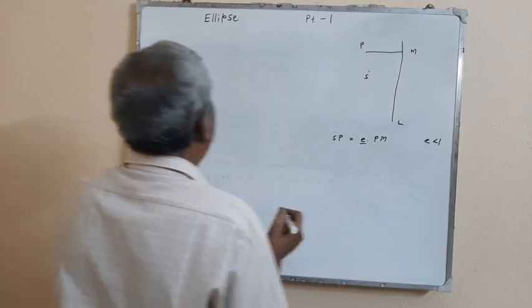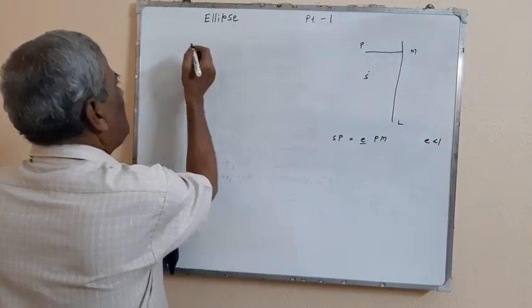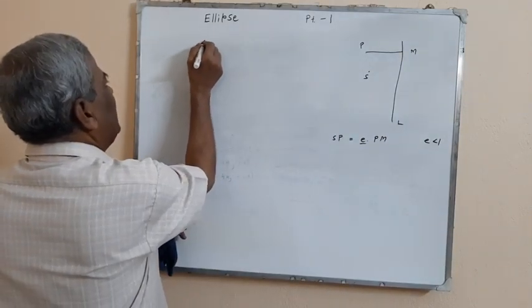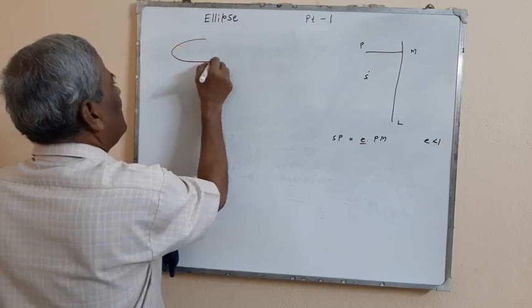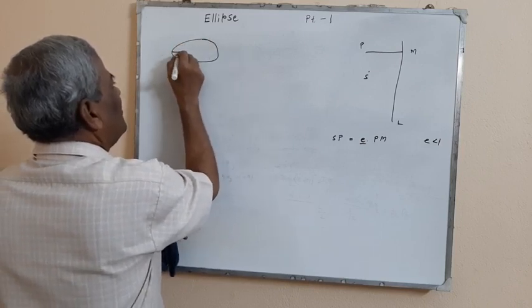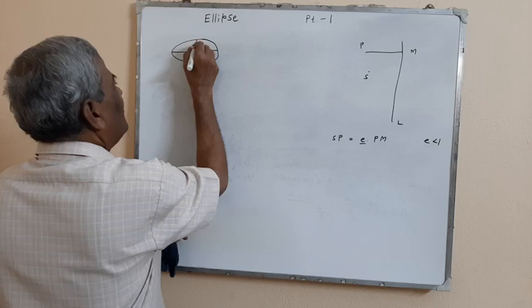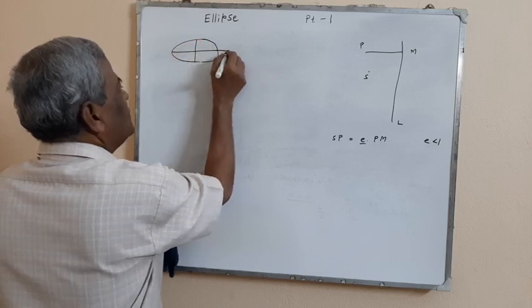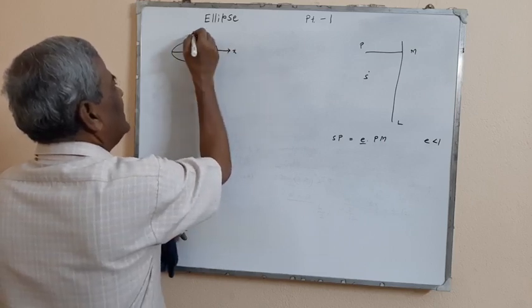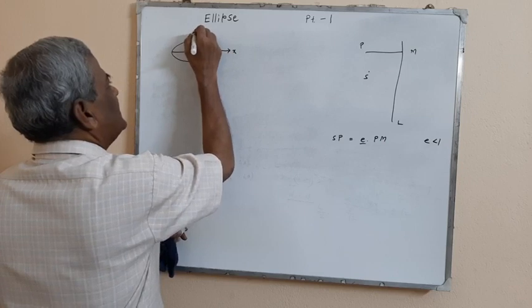For an ellipse, its shape is like that. This is the x-axis, this is the y-axis.